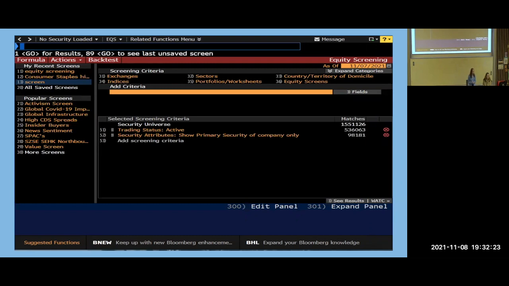So what would you do next? What you want to do is work out what are the criteria that you want to use in order to screen for stocks. First of all, you can narrow down your search by looking at certain countries.